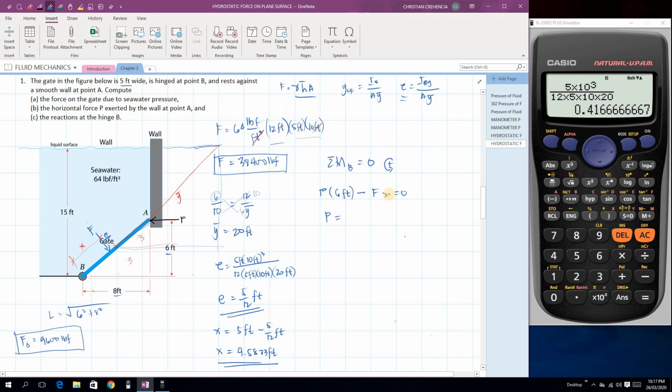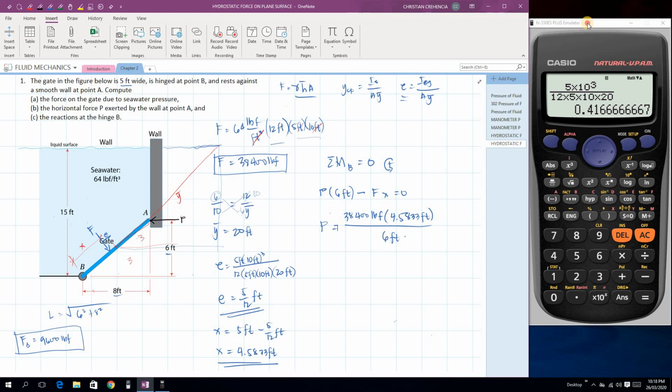So force P is equal to, so transpose na natin yung sa kabila. Yung nakuha nating force F is 38,400 pound force multiplied by yung X natin is 4.5833 feet. Then divide natin ng 6 feet. Okay, so ibababa naman natin yun doon sa kabila.